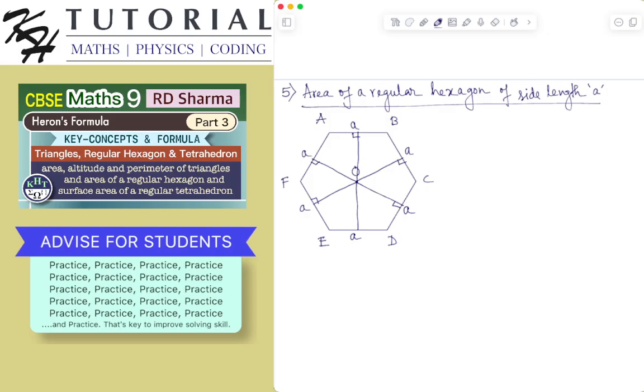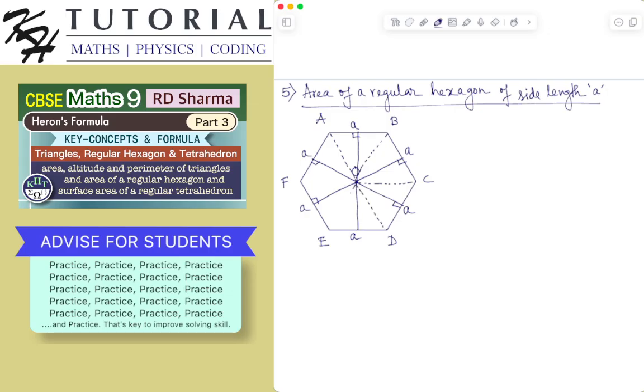Now, so we have this point of the center. If you join the center with all the vertices of the regular hexagon, let's say I join vertex A with the center. I join vertex B with the center. I join vertex C with the center. I join vertex D with the center.